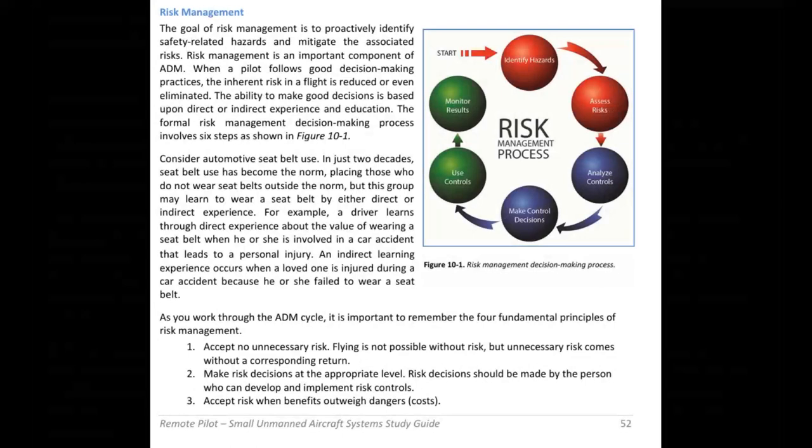Accept risk when benefits outweigh dangers, meaning the pilot can deviate from any FAR if he needs to in the interest of safety, to ensure the safe flight or safety of people free from injury. So even though an FAR requires you to do something, the pilot in command can veer from that temporarily for the time needed to make sure that safety is managed and that the risk is reduced, and then return back to that FAR.